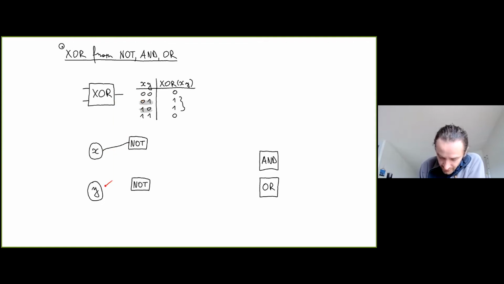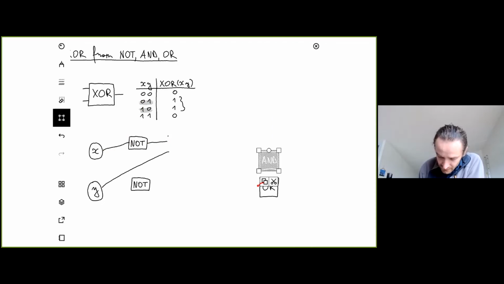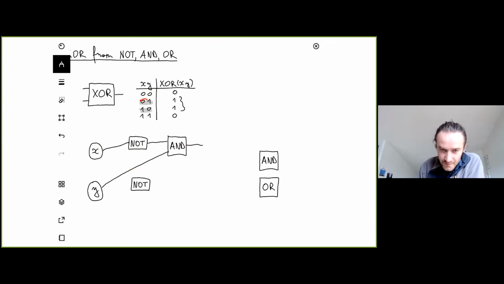And then we take y directly like this. Imagine we plug this into the AND gate. Now what comes out of this AND gate is going to be 1 if x is 0 and y is 1. So out of all 4 possible input combinations, by doing this, we select this specific one.